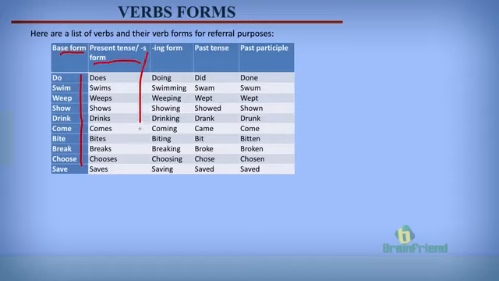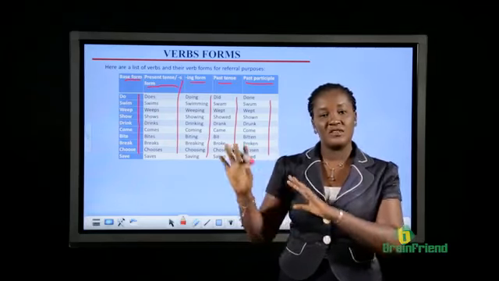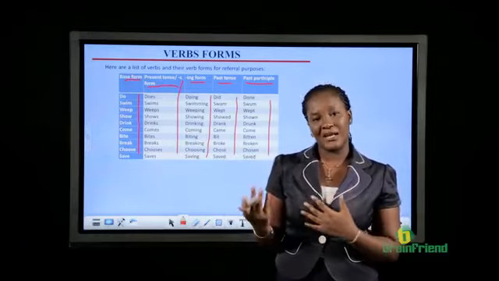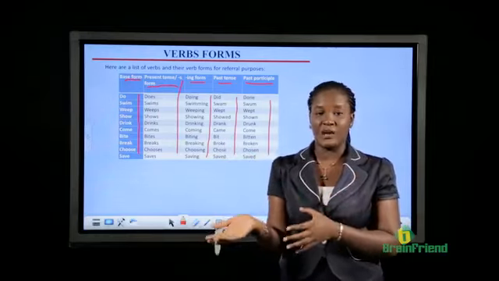The third column is the ing form. We also have the verbs in their past tense. And lastly, we have verbs in their past participle. So if you study this table, I'm sure that you would know the various forms of these verbs, and possibly other verbs too, which you might want to find their verb forms out.